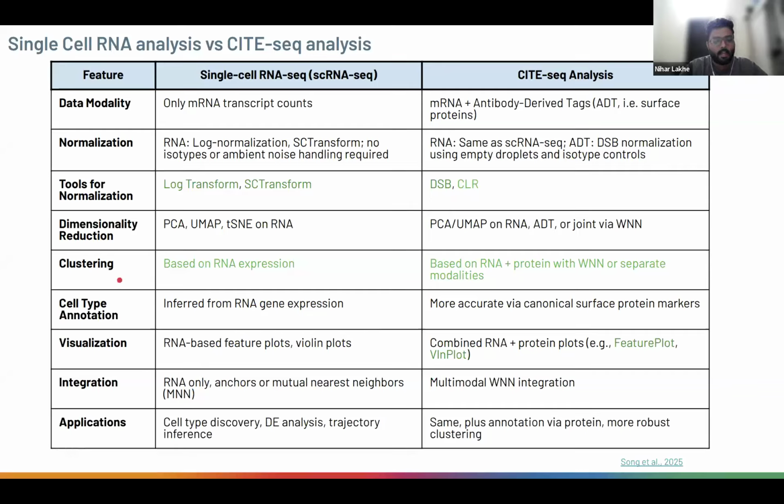In single-cell RNA analysis, the clustering is done based only on RNA expression, whereas in CITE-seq, we can use RNA, protein, or both RNA and protein to do the clustering. This robust clustering helps in accurate annotation of the clusters when compared to annotation done only with the help of RNA expression.